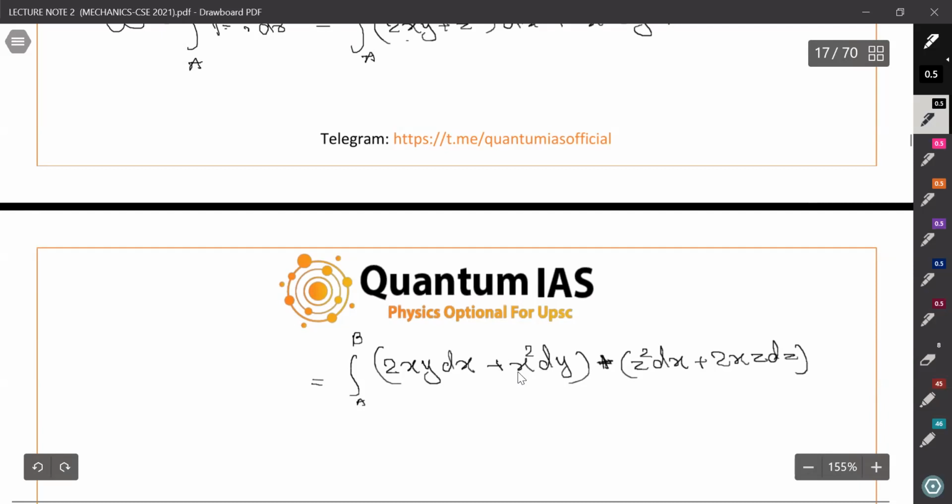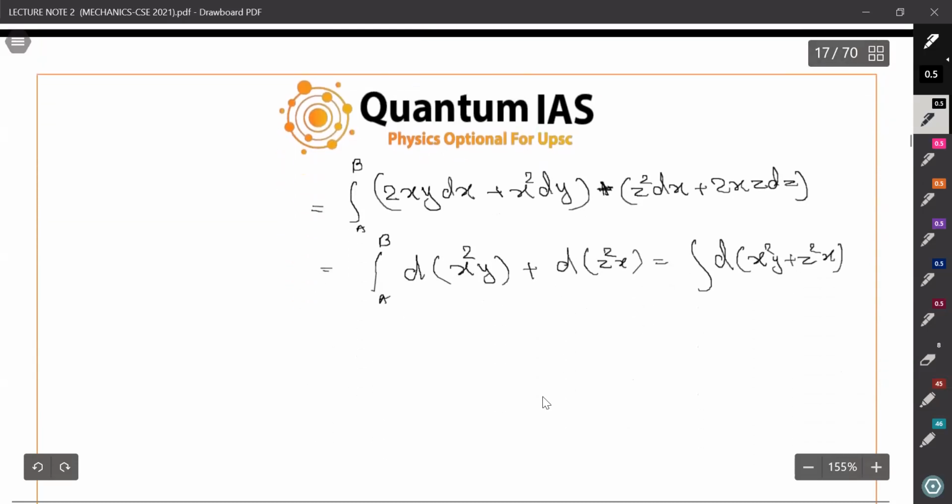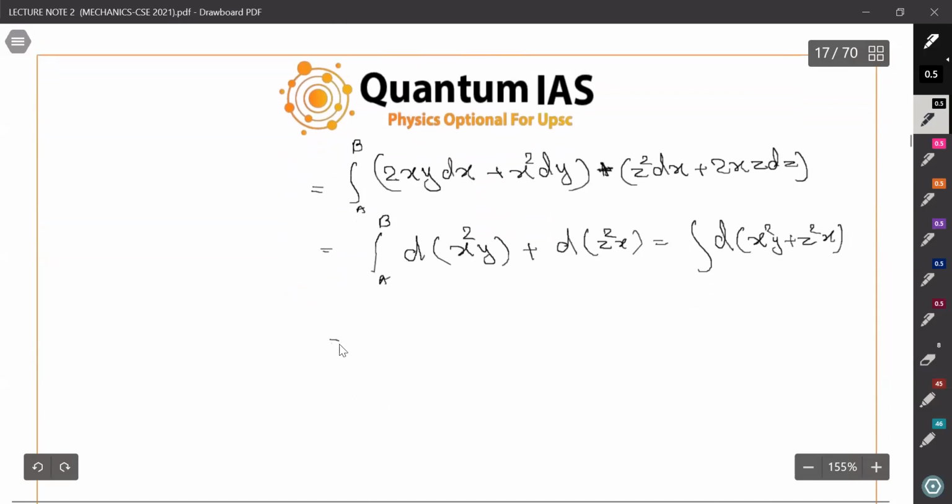We need to apply some rearrangement so that we can reach a conclusion. So from A to B, we can write it as d of x square y plus z square dx, we can write as d of z square x. So this collectively can be written as d of x square y plus z square x. This is the standard process to solve this question.